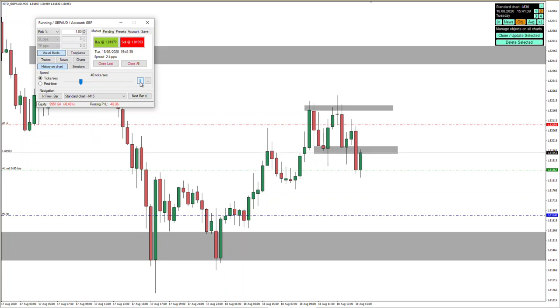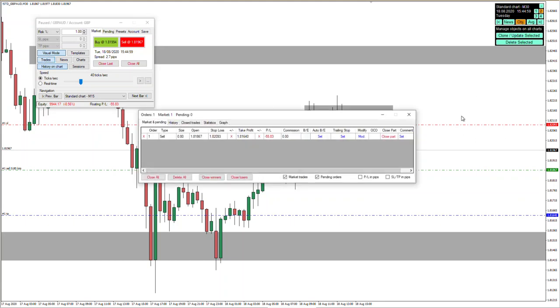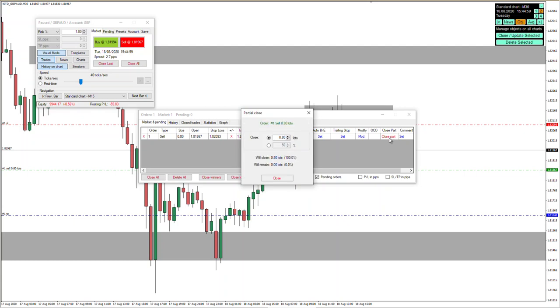Okay. That does not look very well. Okay. Now the M15 candle closed. It closed bullish against my trade, so I need to manage my risk, and I will take off 50% of the trade.